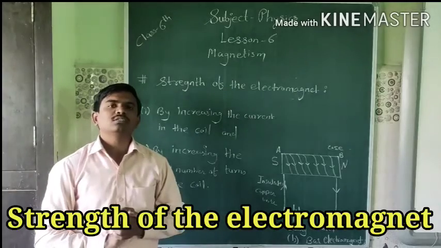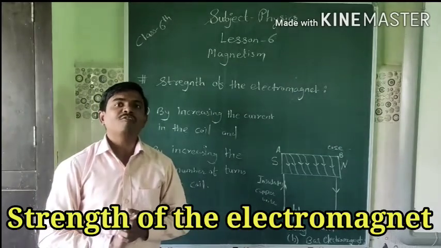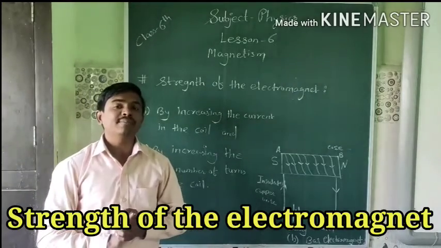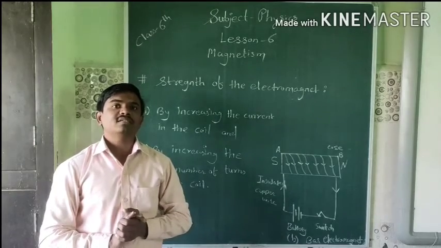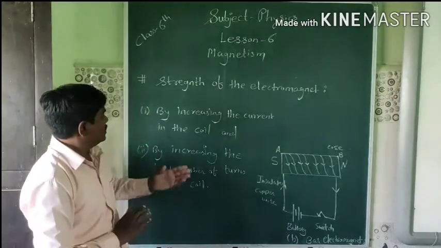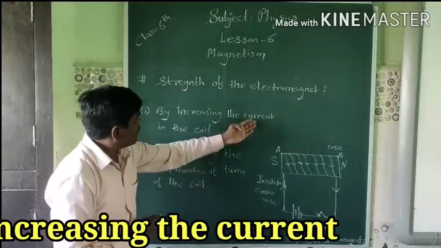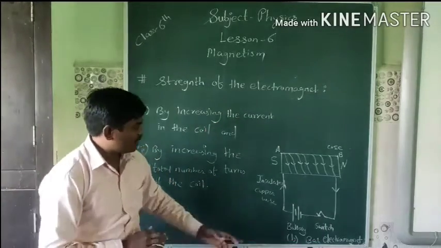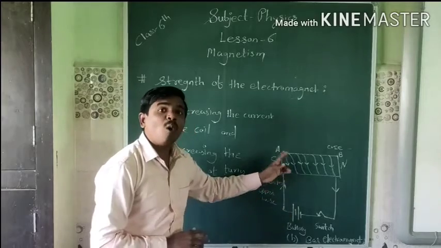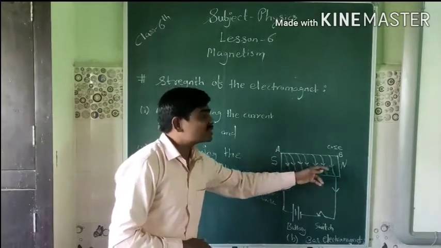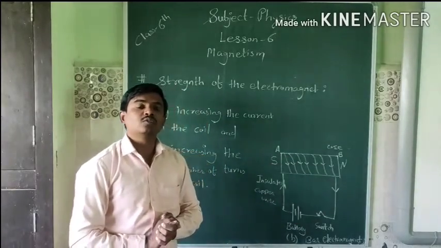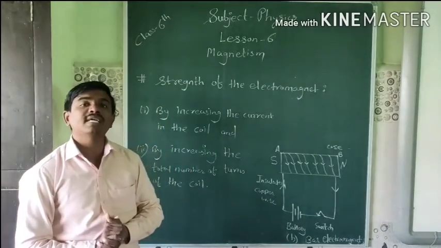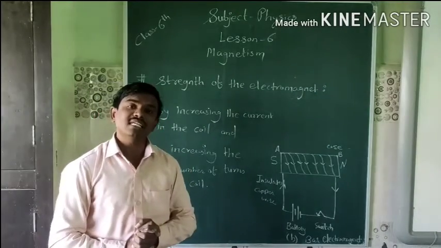So students, the strength of an electromagnet can be increased by increasing the current in the coil. Here we will increase more current in this coil, so the strength of the electromagnet will increase.